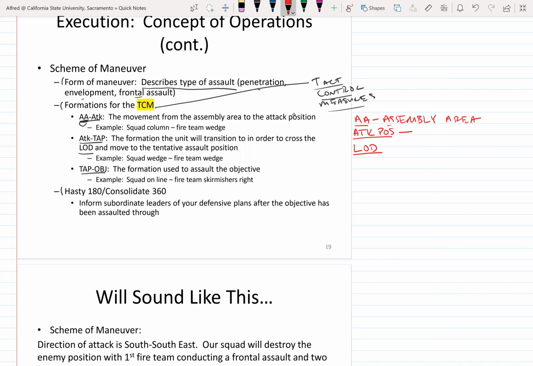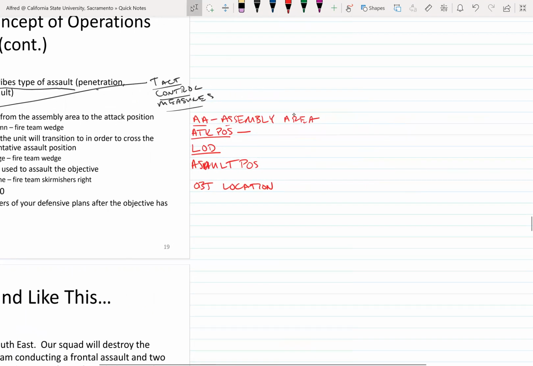So you do attack position, line of departure, and then you do assault position through the objective. I wish I would have drawn it better. You do the assembly area, and you can do something like 50 meters to the attack position.